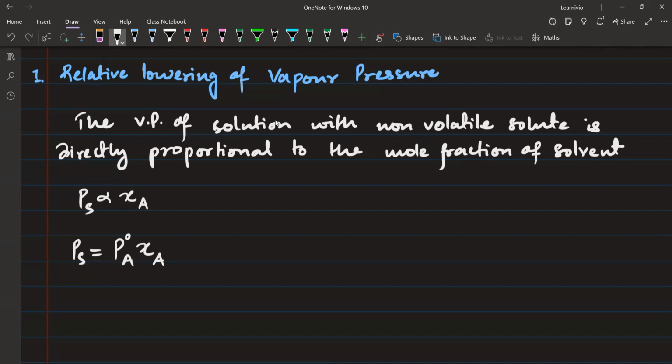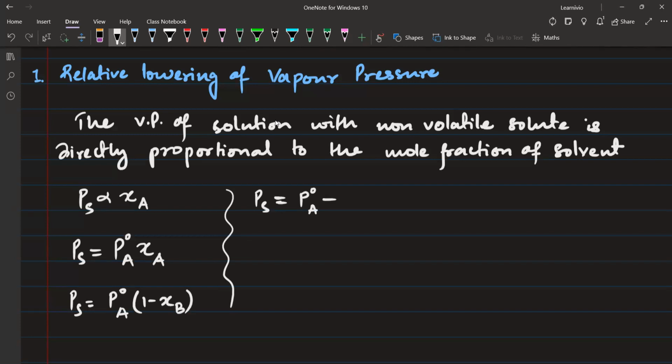Now chi A can be written as 1 minus chi B. So P solution will be equal to P naught A into 1 minus chi B, which is P naught A minus P naught A chi B. Now we will flip this, take this here and that solution there.